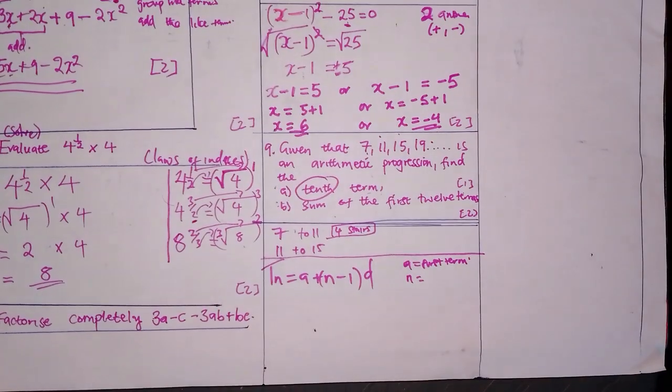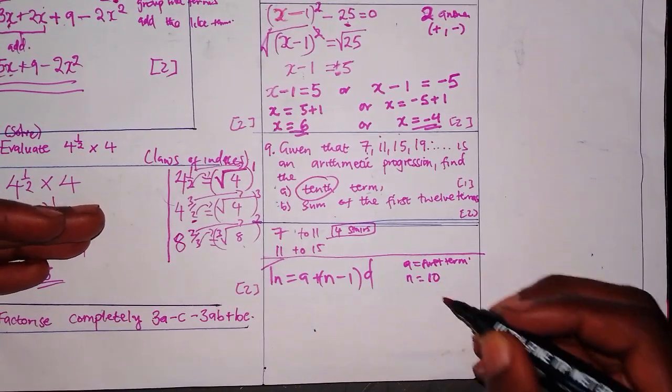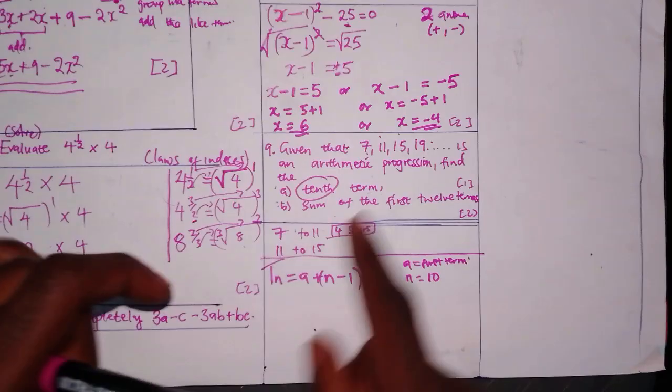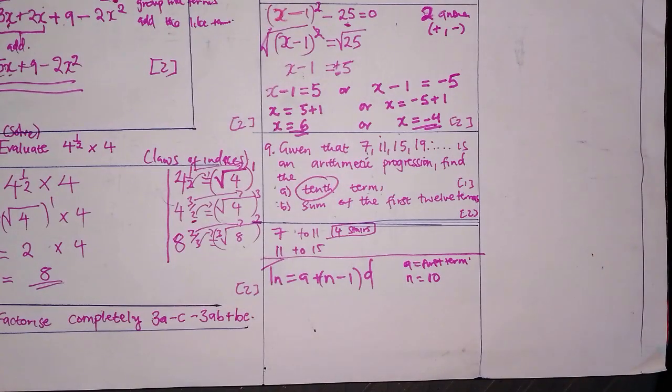So n just represents the term we are calculating, the position as it is. So in our case, since they want the 10th term, our n is 10. Whatever term they are calculating, that should be your n. If it's 12 terms, n should be 12. That is how it goes.